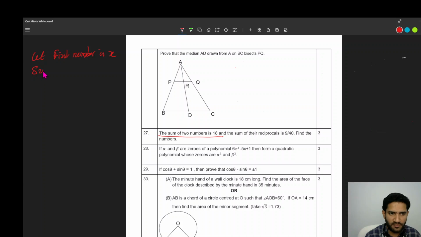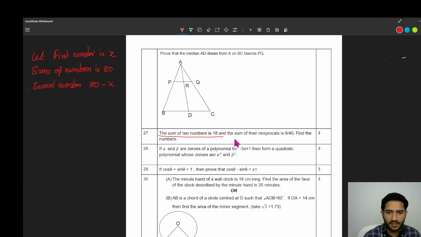So therefore second number should be 18 minus x.